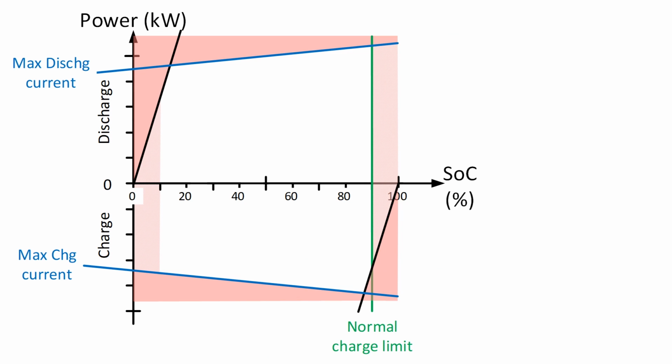Before deciding on how big a battery is needed, we need to consider the width of the usable state of charge window. This is the type of diagram which can be used to define the energy and power limits of a battery. In the normal case, a passenger car for personal use will most of the time be charged at home, often once per day.